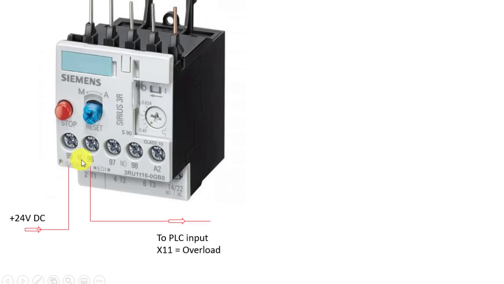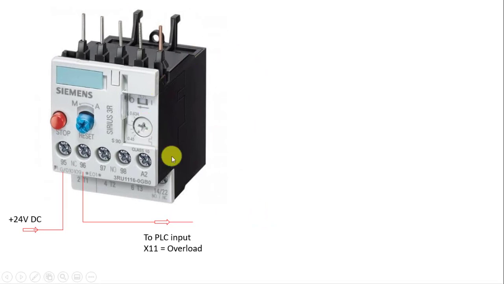Because this section is normally closed when the overload is in normal state, you will always get 24 volts going out, which will be connected to the PLC, and then the PLC will monitor this 24 volts to know whether the relay is in good condition or not. So now that we have a clear understanding of how to wire the overload to our PLC and also the functionality of the overload relay, we'll go ahead and implement this overload in our step 7 program.